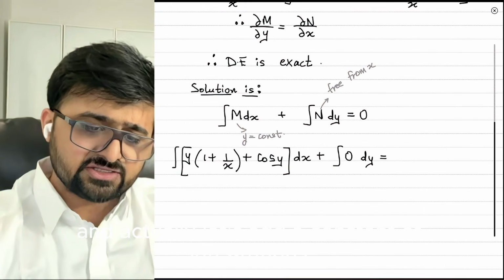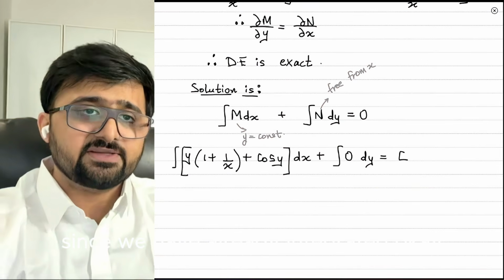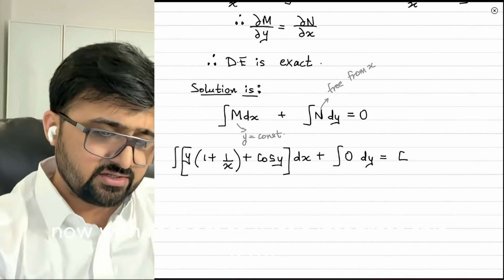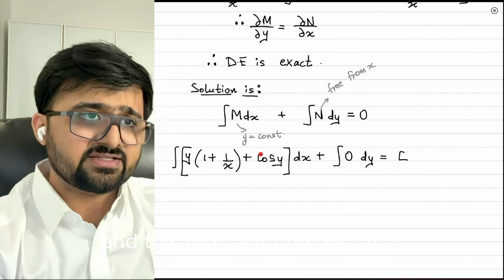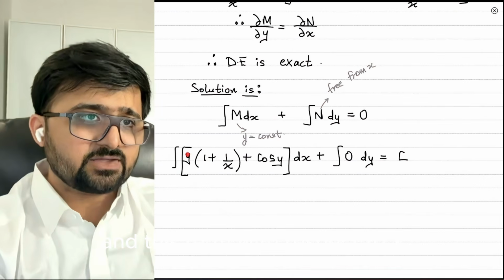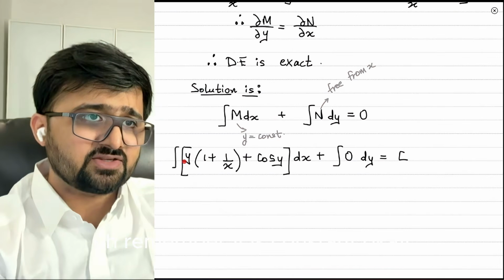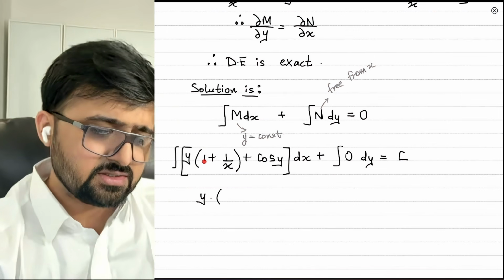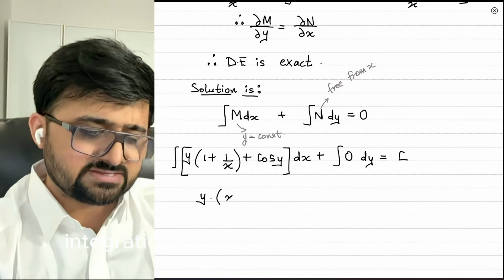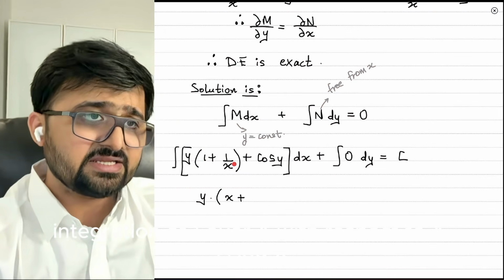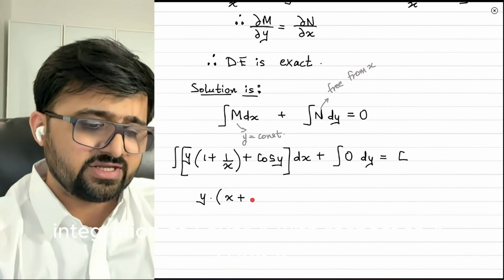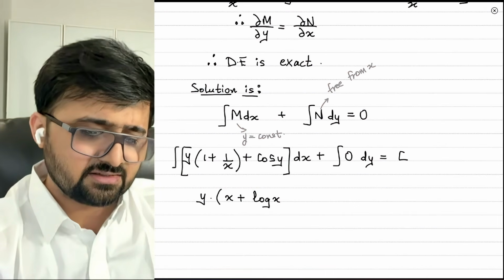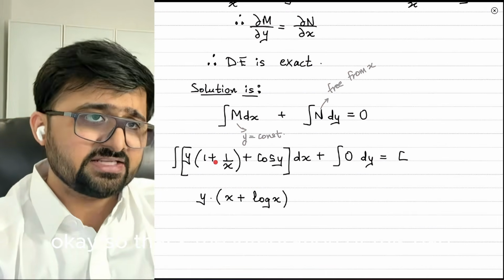Now let's integrate this, and add a constant of integration c. With respect to x, remember y is constant. So you can write y times the integration of 1 with respect to x, which is x, plus the integration of 1 over x with respect to x, which is log x. That's the integration of this part.